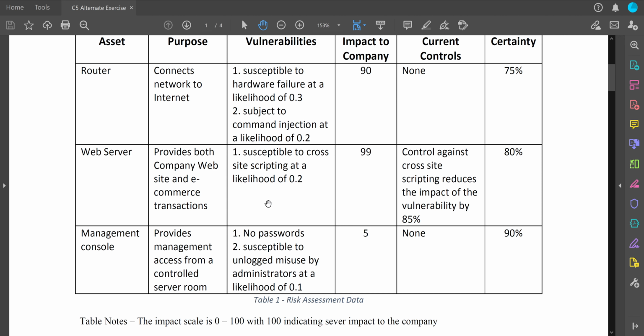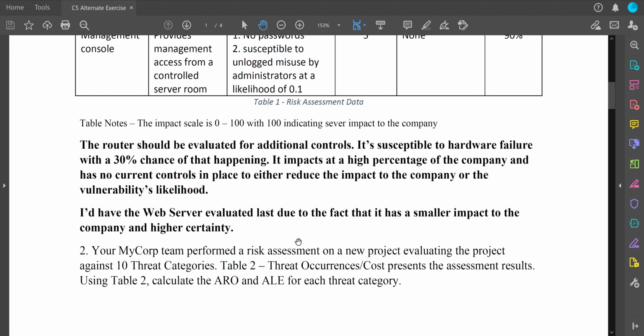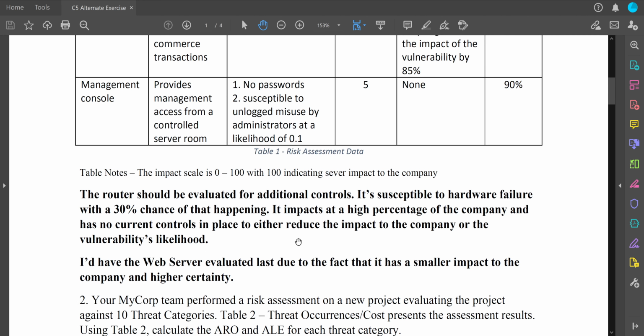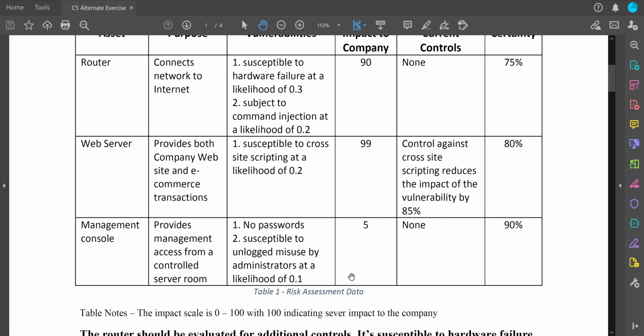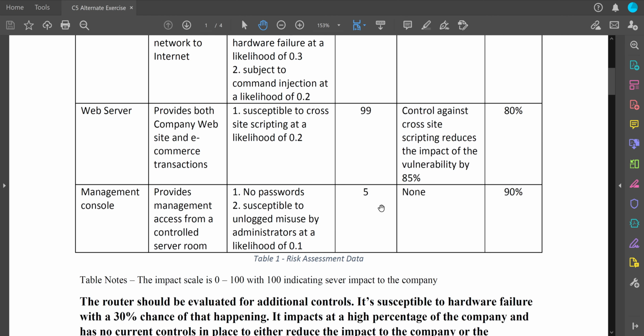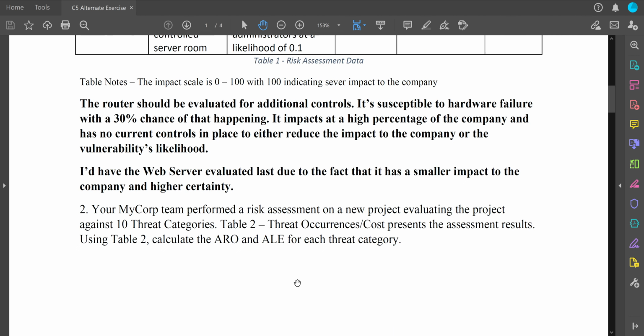And its vulnerabilities have a low likelihood compared to the router as well. So like I said before, the router should be evaluated first and the web server last, because of its low impact to the company and the low likelihood of that vulnerability actually going through.